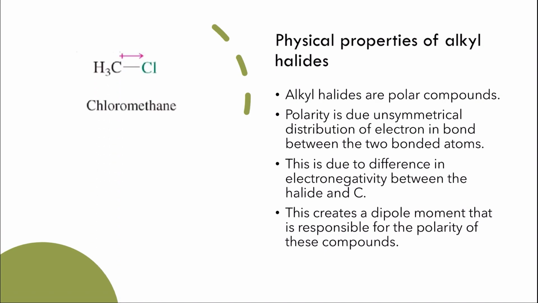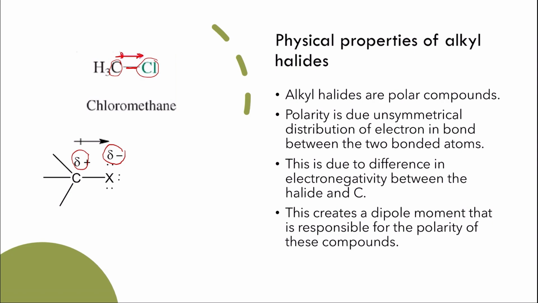So if we have something like chloromethane, the chloride is more electronegative than the carbon, and that means that the chloride has more tendency to attract the electrons in the bond between them. So there is a dipole moment where electrons are more toward the chloride than the carbon, and that creates a partial positive charge on the carbon and a partial negative charge on the halide.